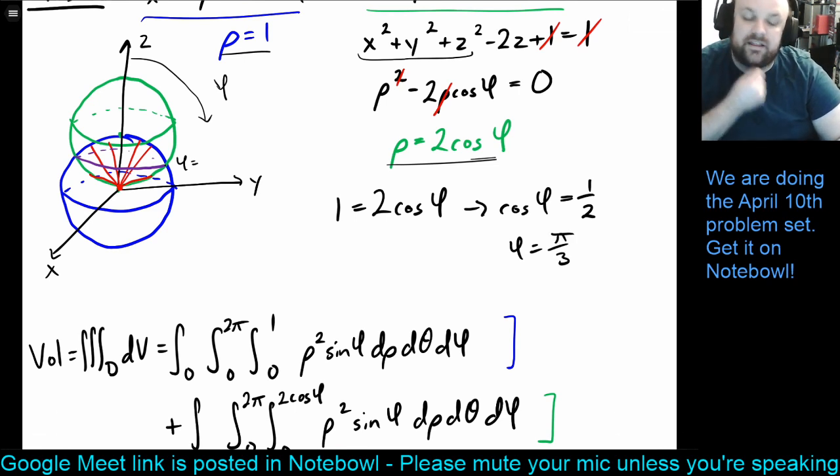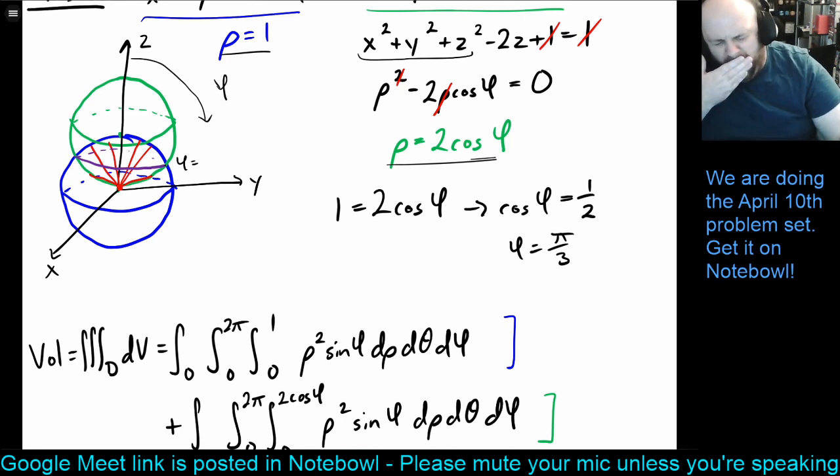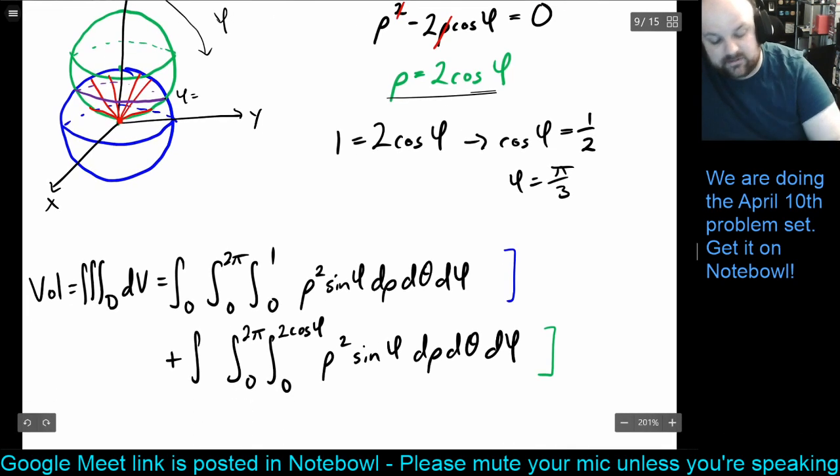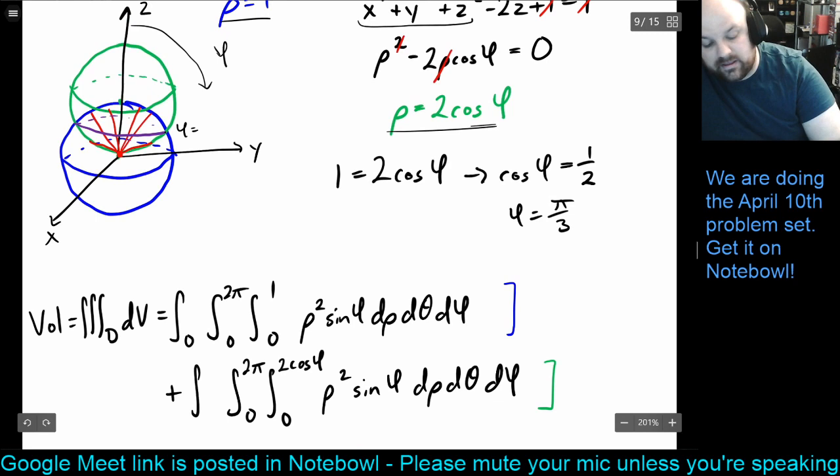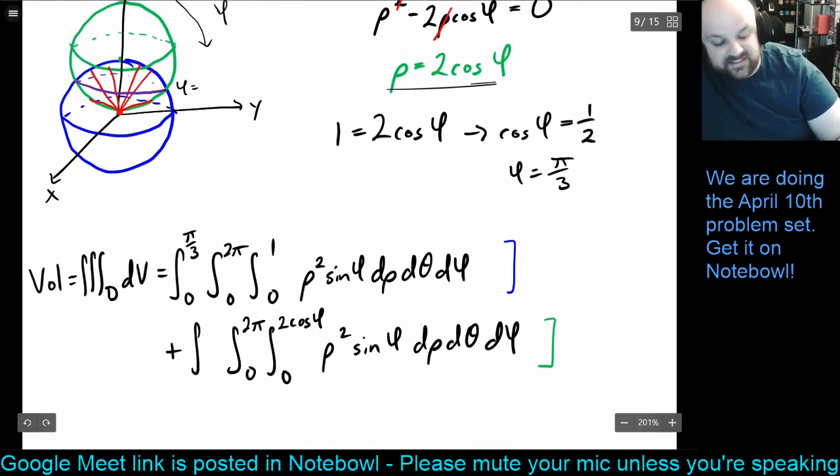The other value, 5 pi over 3, is too far out of the range. So phi for this integral will start at 0 and fall to pi over 3. That's when we hit that intersection. That means the second integral picks up at pi over 3.